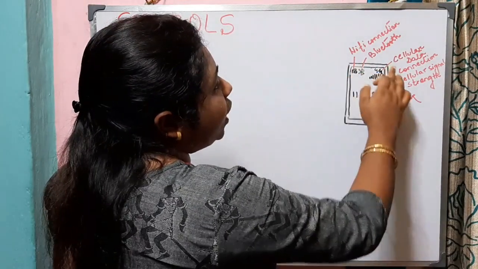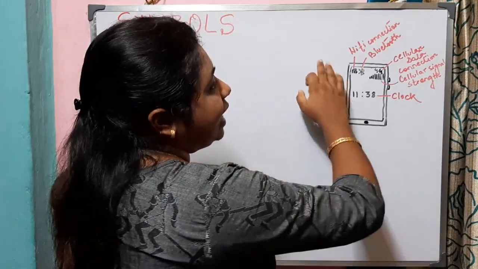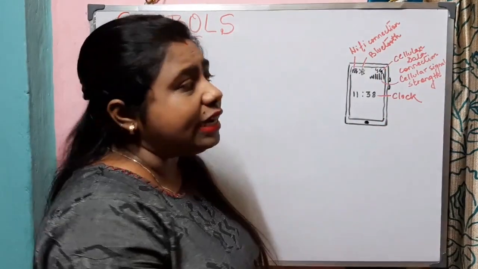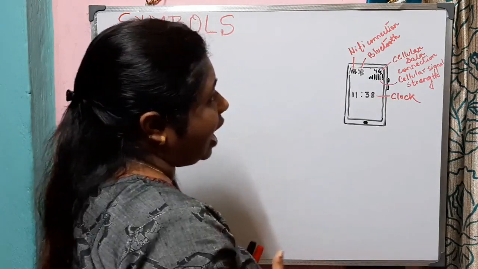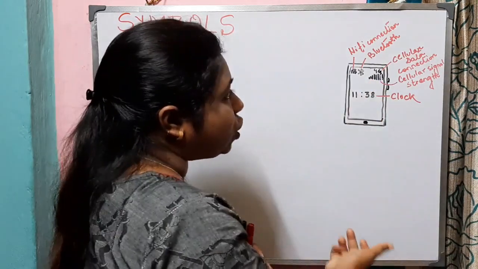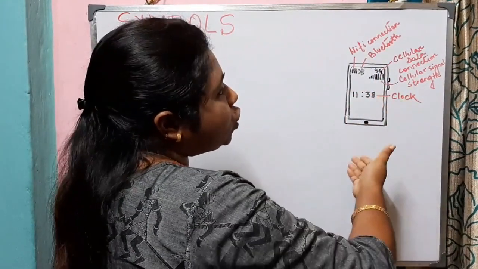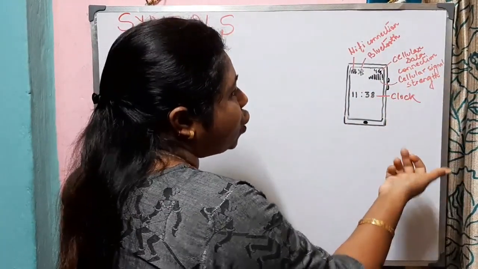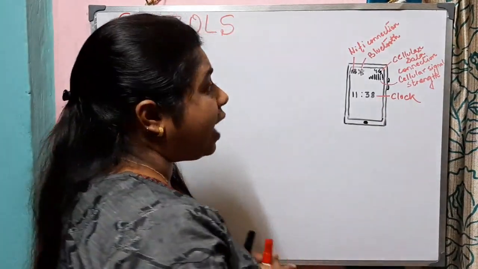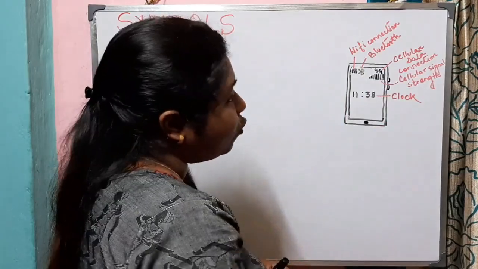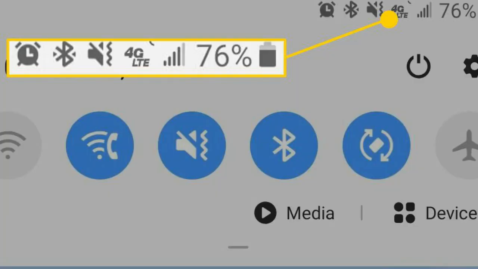So why do we use symbols rather than writing the text? We could have written the text in the mobile phone and it would have been easy to identify which one is for Wi-Fi connection, which one is Bluetooth, which one shows cellular data connection, which one shows the clock, isn't it? But imagine if we had written the text on the mobile phone screen rather than using symbols.